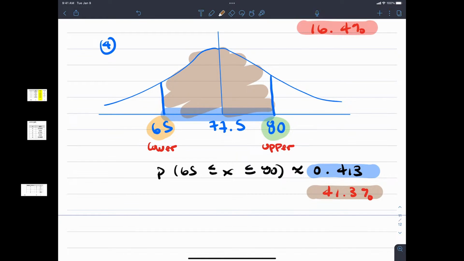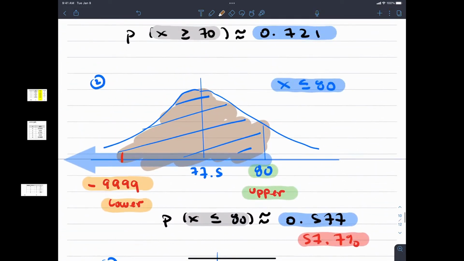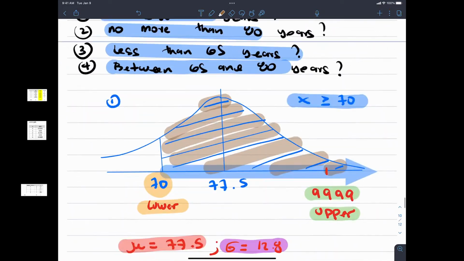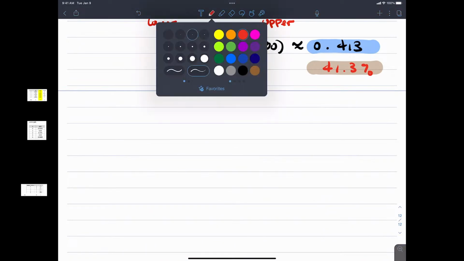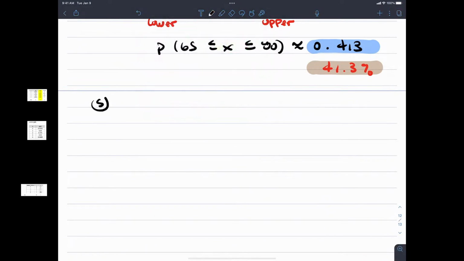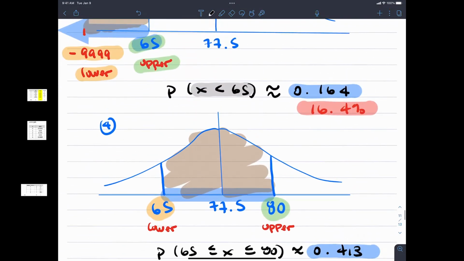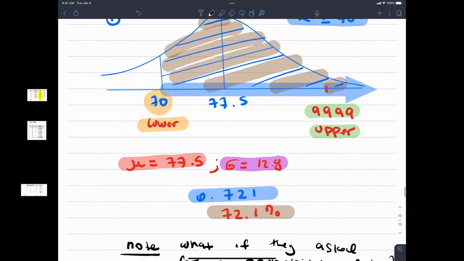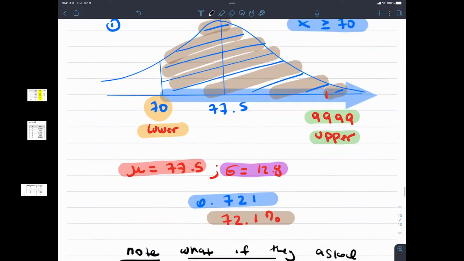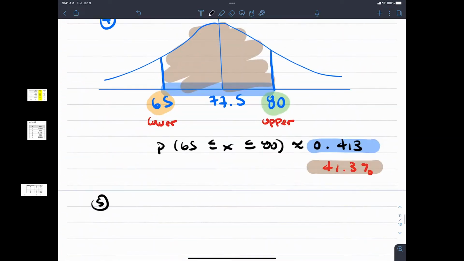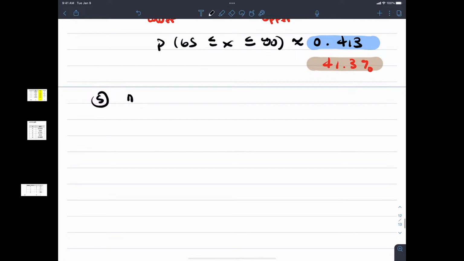Okay, now what I'm going to do here is this. Since we went over this question ourselves, I want you guys to try these questions. We're going to change the language we used: no more than, at least, less than, between. How about if I say more than 80?